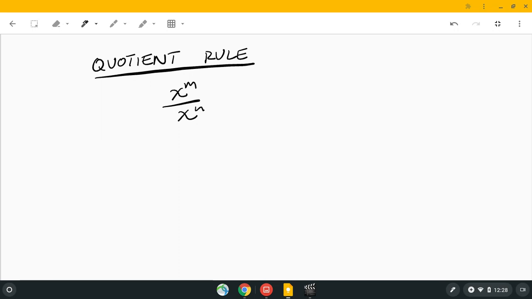So let's take a look at the quotient rule. So we looked at what we do when we take the product of like bases. Okay, so now we're going to look at what we do when we take the quotient of like bases, when we're dividing. So this rule says if you're dividing, then you can subtract the exponents.